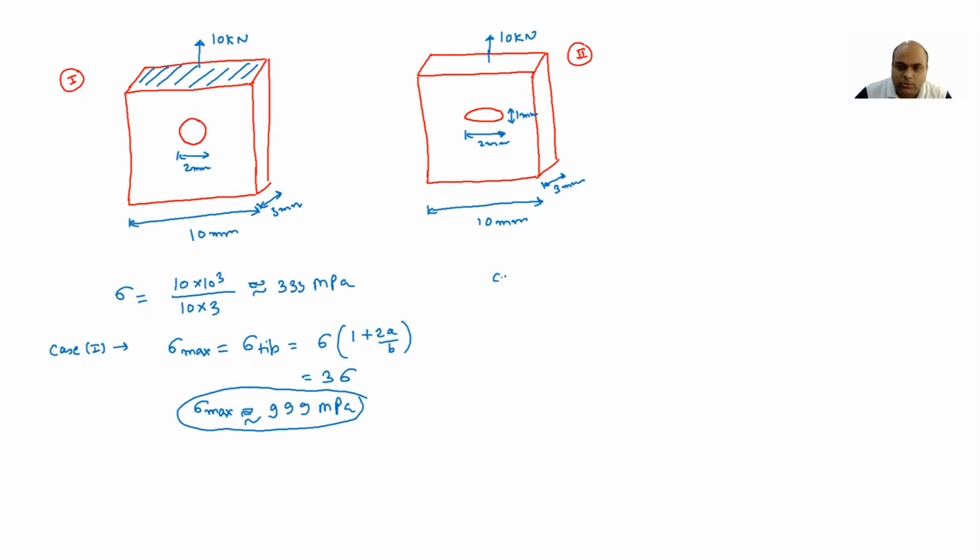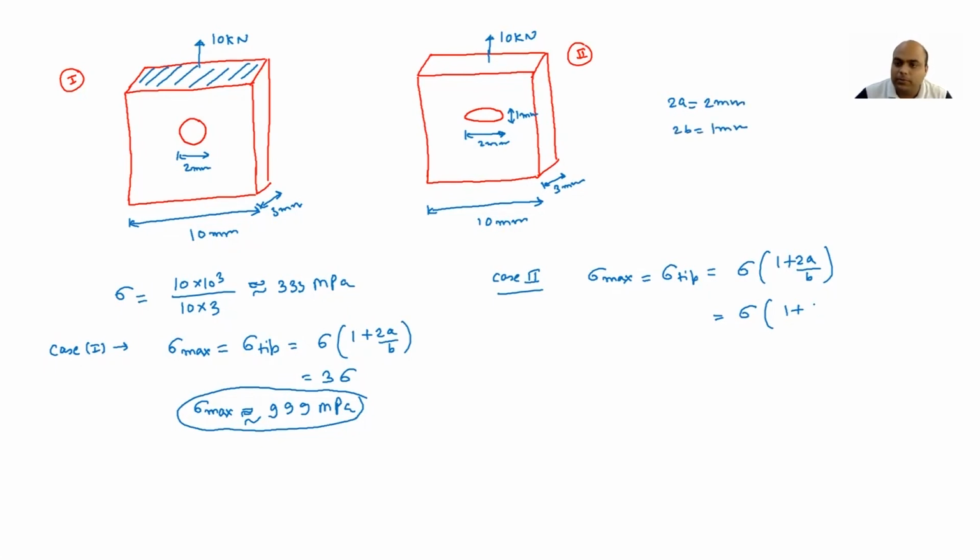Now let's see case 2, the elliptical hole. Here also the maximum stress is going to be at the tip, and it will be the same Inglis equation, sigma times (1 plus 2a by b). Here 2a is equal to 2 millimeter and 2b equal to 1 millimeter.